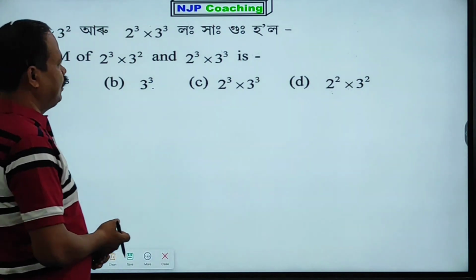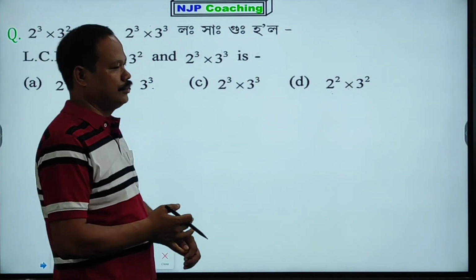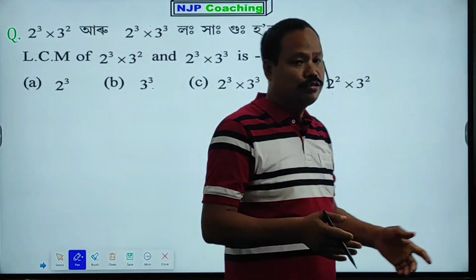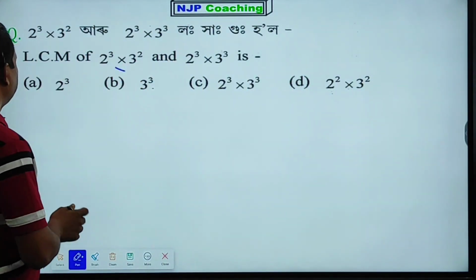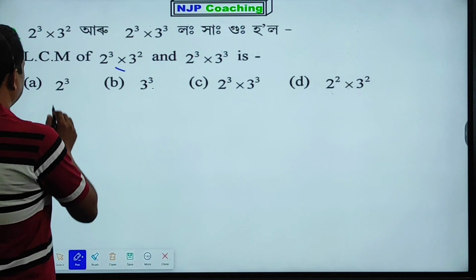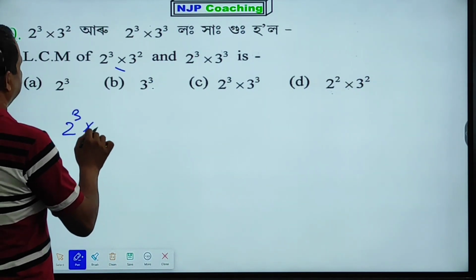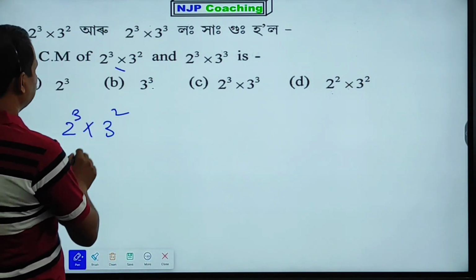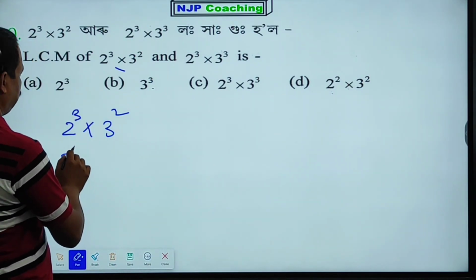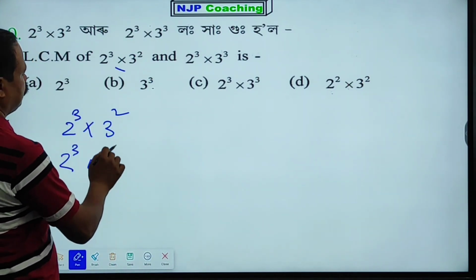Concept of HCF and LCM. How to find HCF and LCM? The factorization is already given. One number is 2 cube into 3 square, the other is 2 cube into 3 cube.